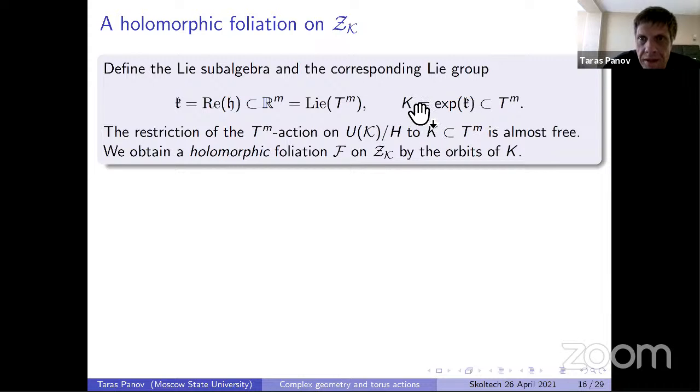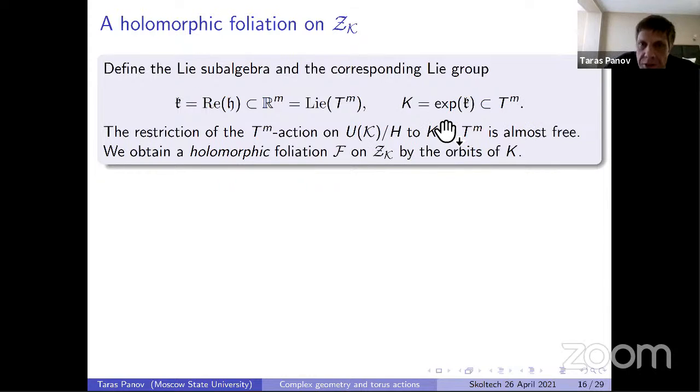So you can now exponentiate it back and get a subgroup inside T^m. But this subgroup is not necessarily closed. It may be a dense subgroup, or it may be just non-closed. Its closure may be a subtorus of positive codimension. So it's just some subgroup in a torus, not necessarily closed.